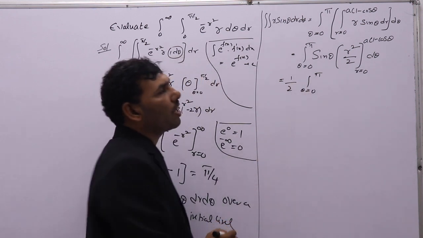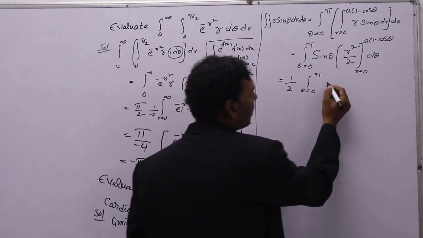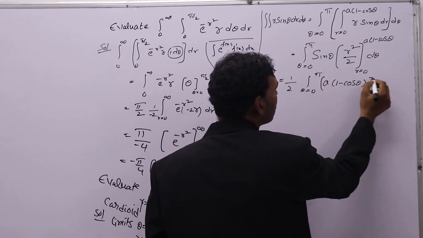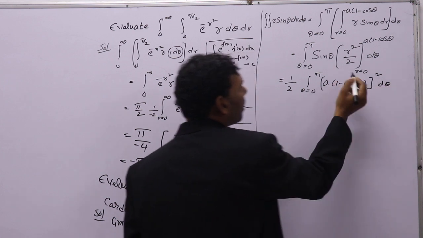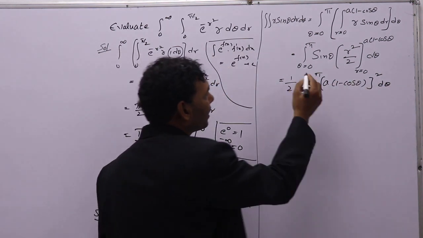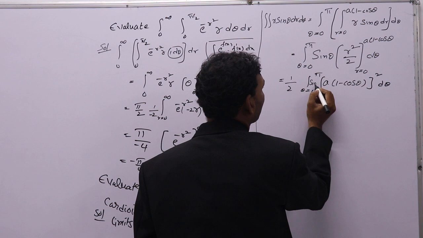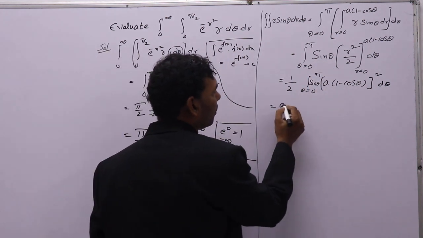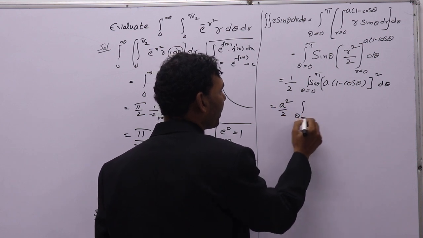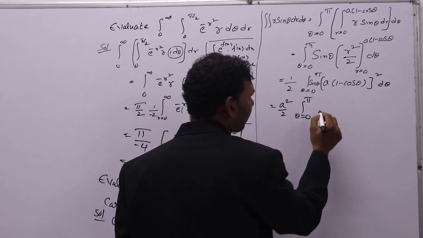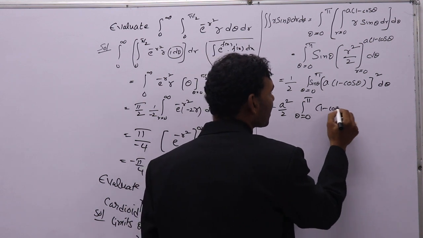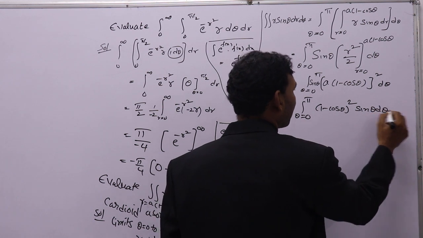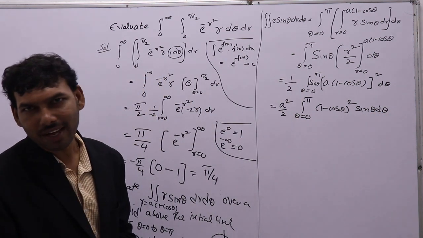Write in the place of r, a into 1 minus cos theta, the whole square, d theta. I forgot to write sin theta, sin theta is there. a square is constant. So a square by 2 integral theta equal to 0 to pi, 1 minus cos theta whole square into sin theta d theta. Now we need to evaluate this one more.